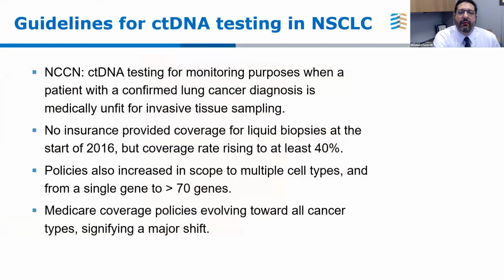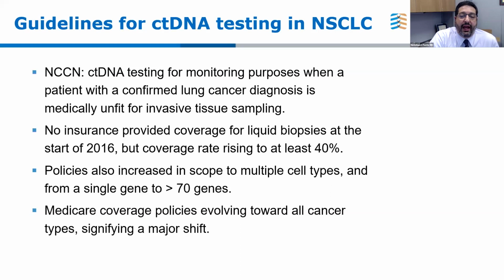So currently, what does the NCCN advocate? Testing of circulating tumor DNA for monitoring purposes, particularly when a patient can't medically handle an invasive procedure. It also is useful, as we said, at the time of recurrence, but tissue sampling remains the gold standard, if it can be done.